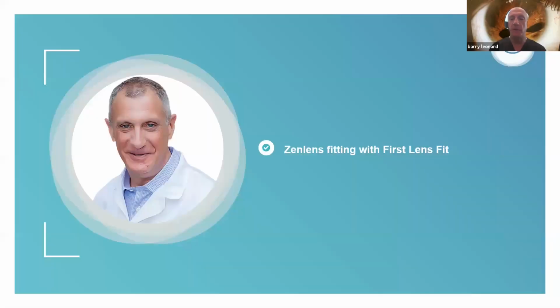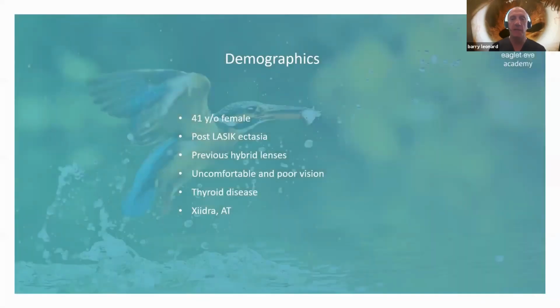This case is a 41-year-old woman who had post-LASIK ectasia. She said she had some kind of LASIK in another country. She was wearing some ultra health lenses, seeing about 20/60 and 20/40 in the other eye. Not real comfortable, not real happy. She did have pretty dry eyes, thyroid disease, and was using Xiidra and some artificial tears.